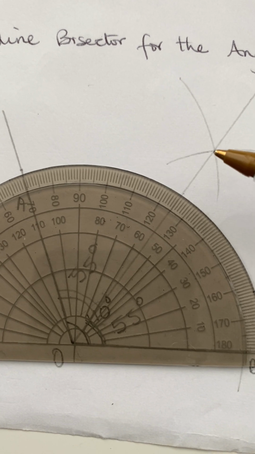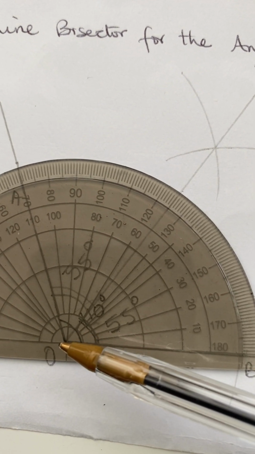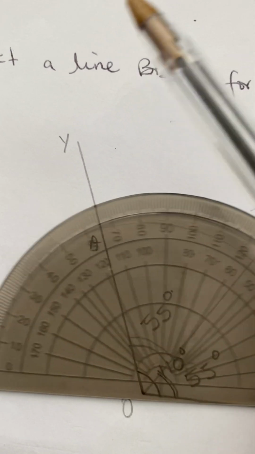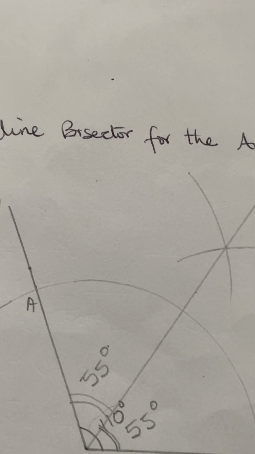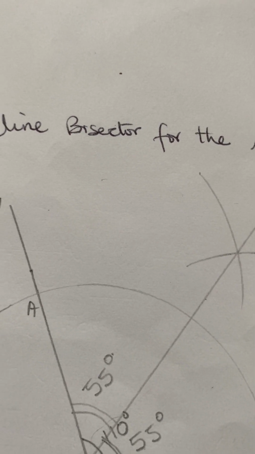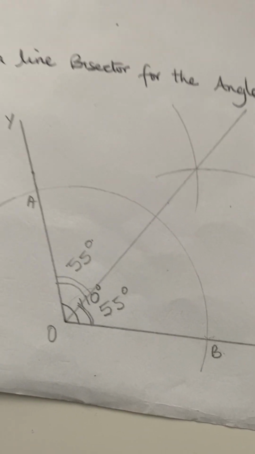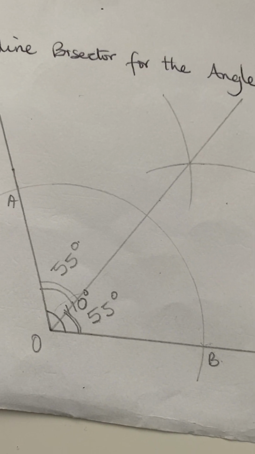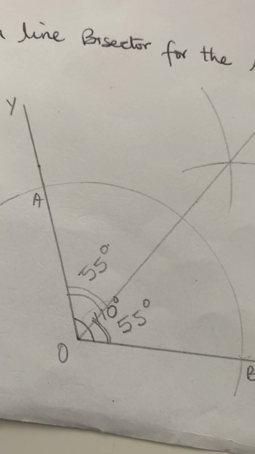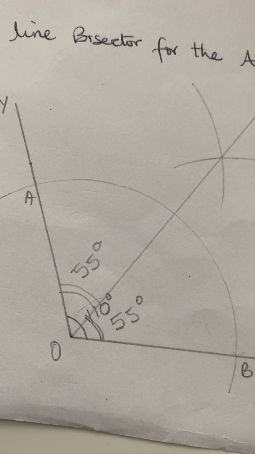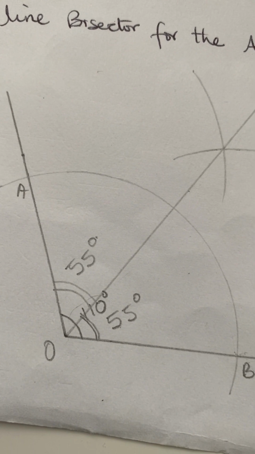Okay, we connect this to the angle. So now we've divided 110 into 2 equal parts. Again, like I said yesterday, this is a construction work you can do for 1 mark or 2 marks without any mathematical involvement.